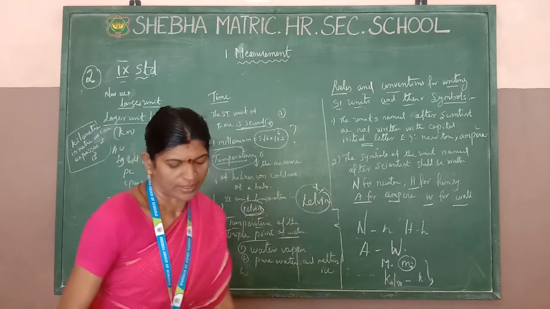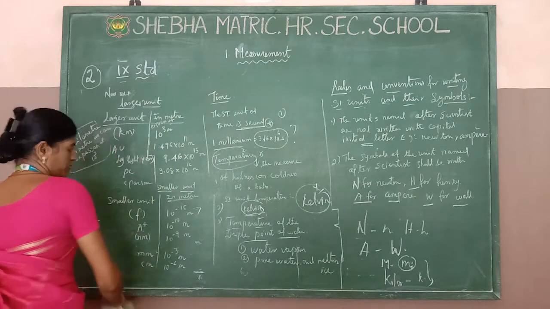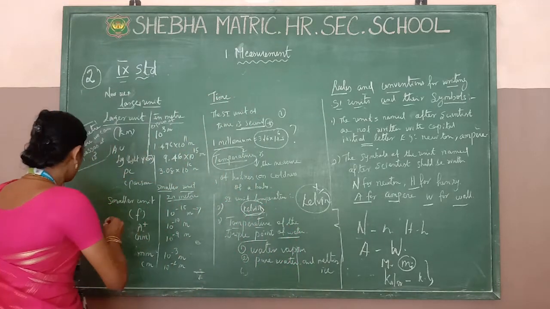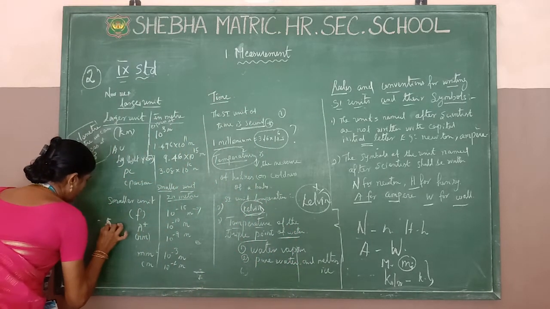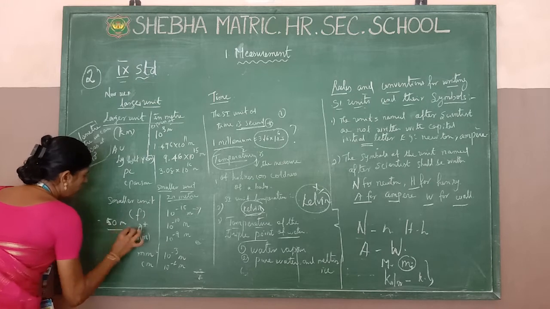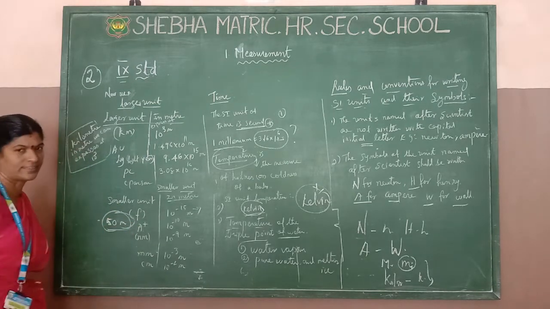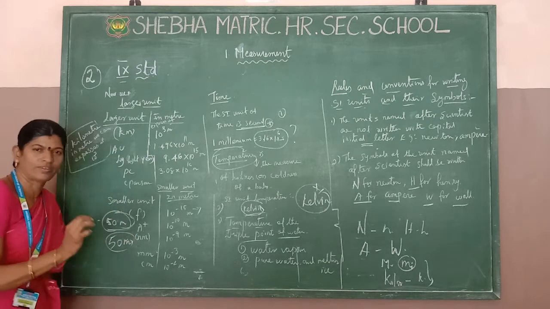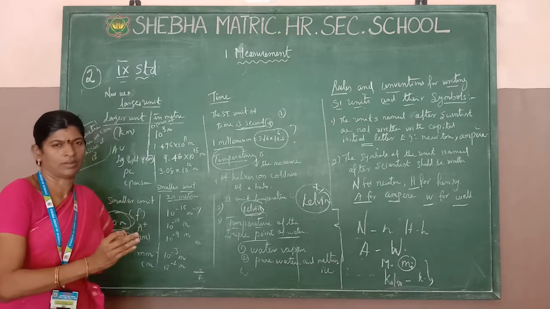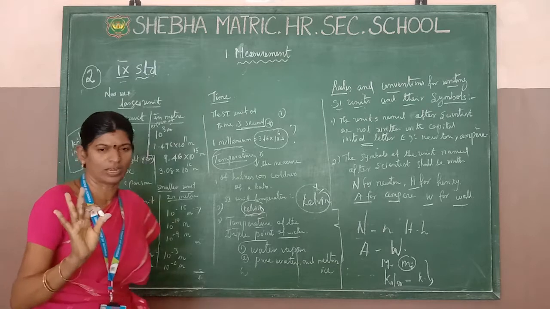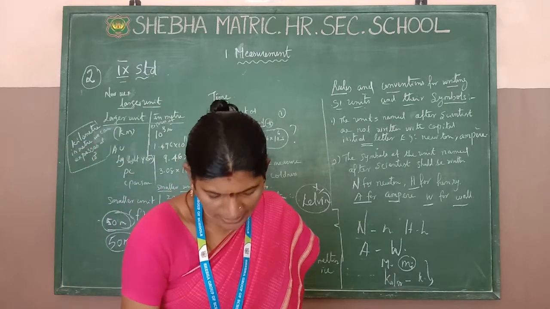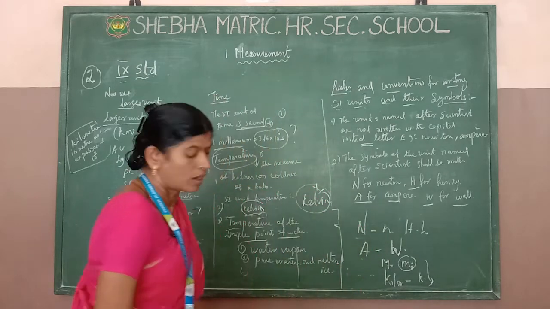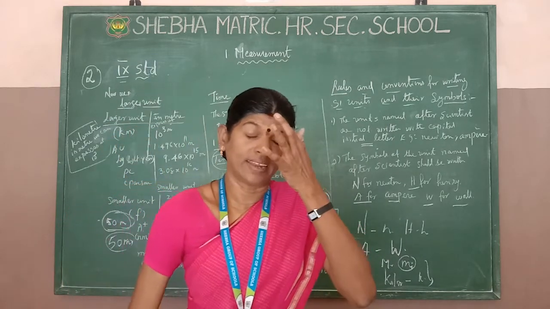Next, the symbols we are using: 50 m, 50 mg, not written like that. 50 meters, that is how you can write it. Next, 10 kg, not 10 kgs.